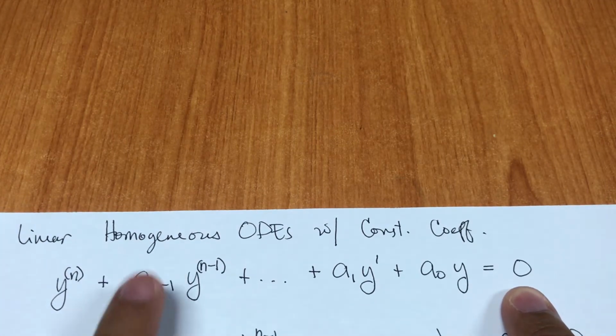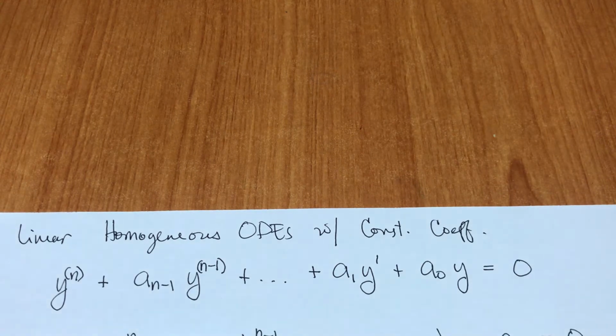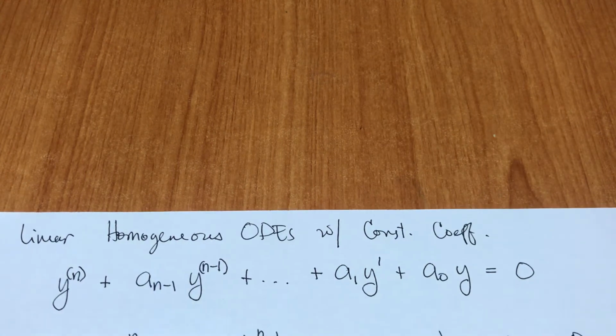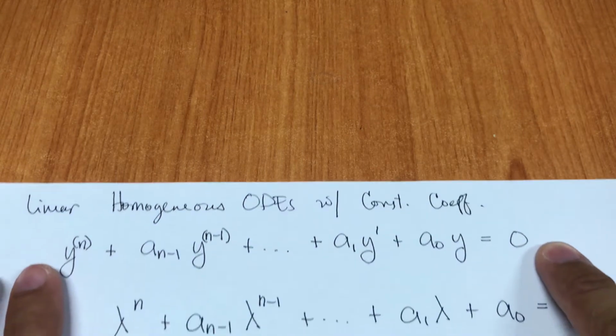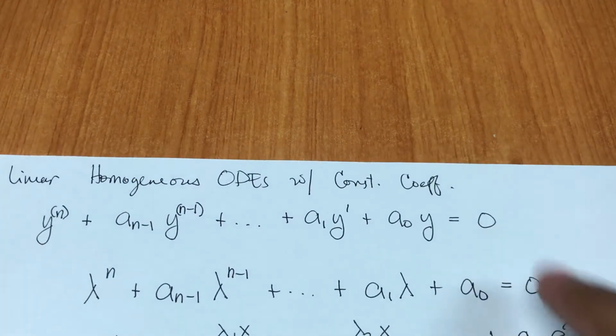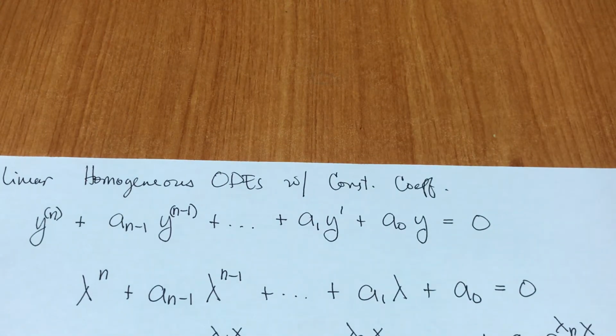Now, we'll introduce a parameter lambda to transform our linear ODE into a polynomial equation. So if it is a polynomial equation, it's easy for us to determine the roots of that equation, right?